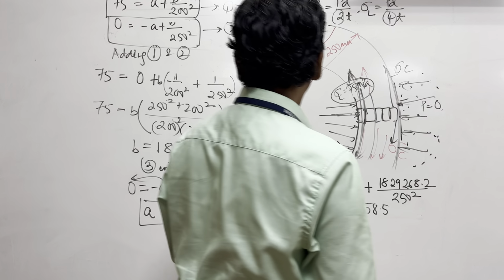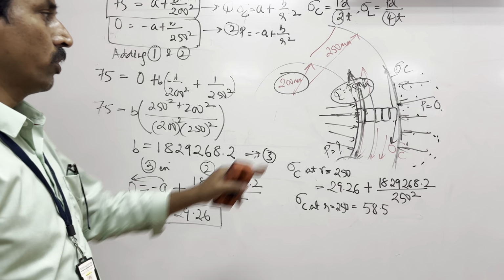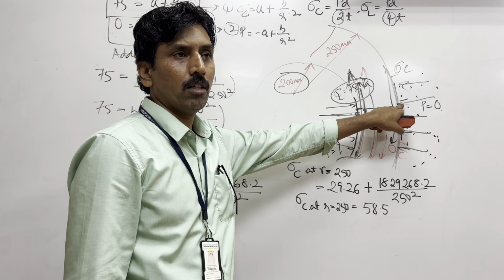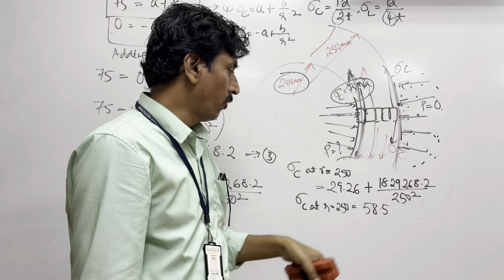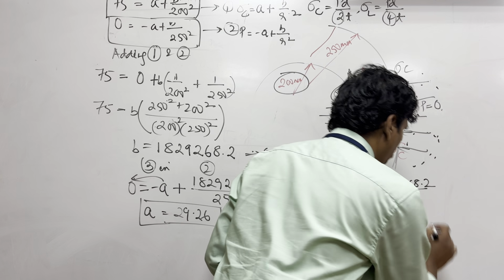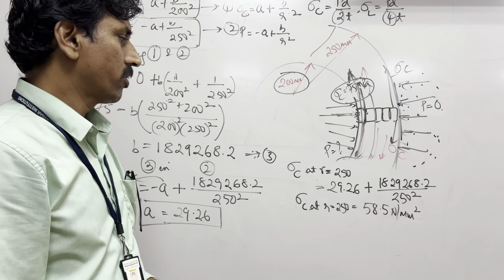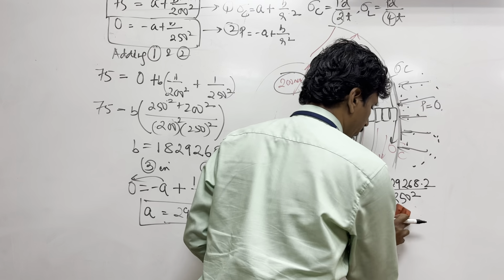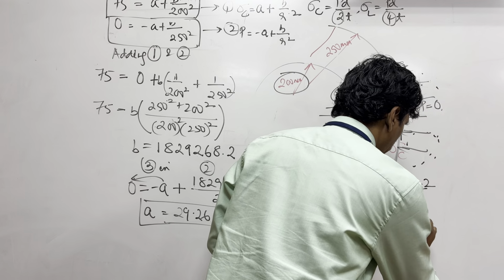58.5. Guys, what was the stress inside? 75. So that means outside the stretching in the circumferential direction has reduced. This is Newton per meter square or MPa, because they are the same. So you can write MPa because it was given in MPa.